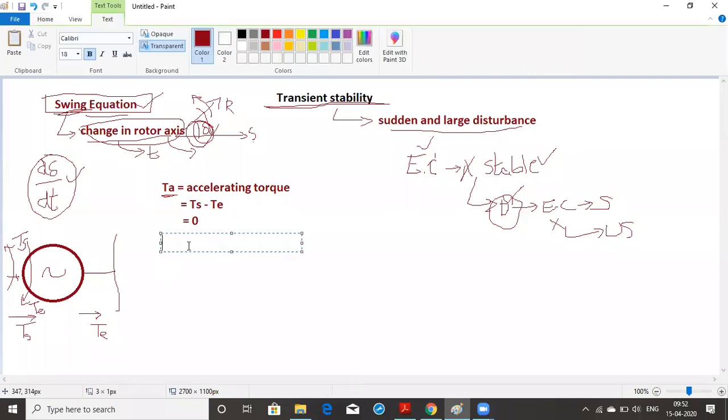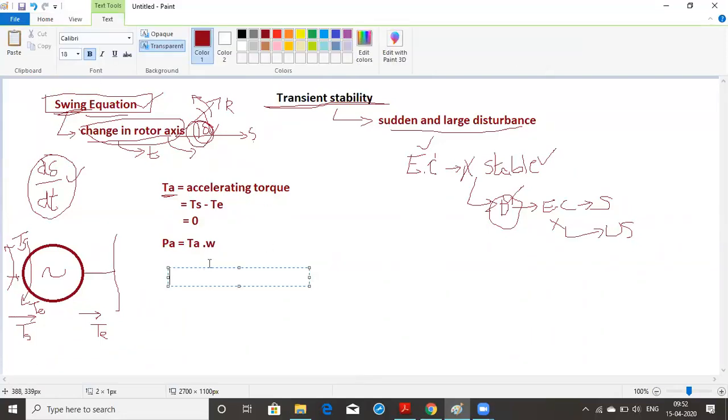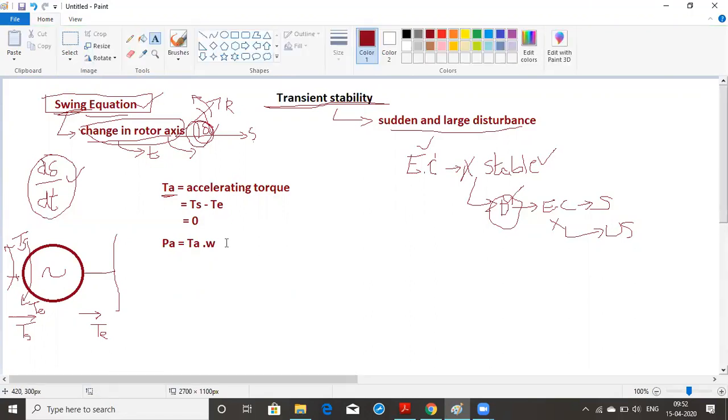If I want to write the accelerating torque in terms of power, I need to multiply with omega. I write TA into omega, where omega is the angular velocity, equal to 2 pi ns by 60, which we already know.